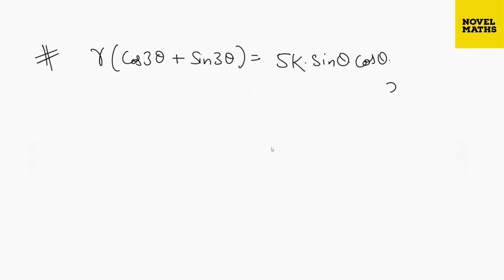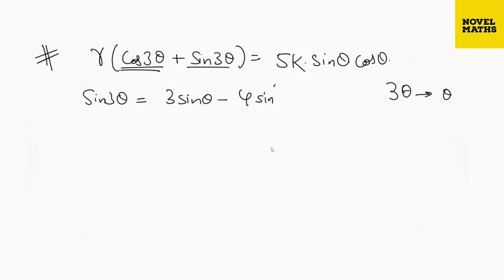So the idea here is to convert this 3 theta, 4 theta, 5 theta, whatever, to theta, right? And what is cos 3 theta? You don't need to memorize that. You can simply use the cos a plus b formula. Even if you memorize that, you should remember the proof of that, why that happens. So you will get something like this.